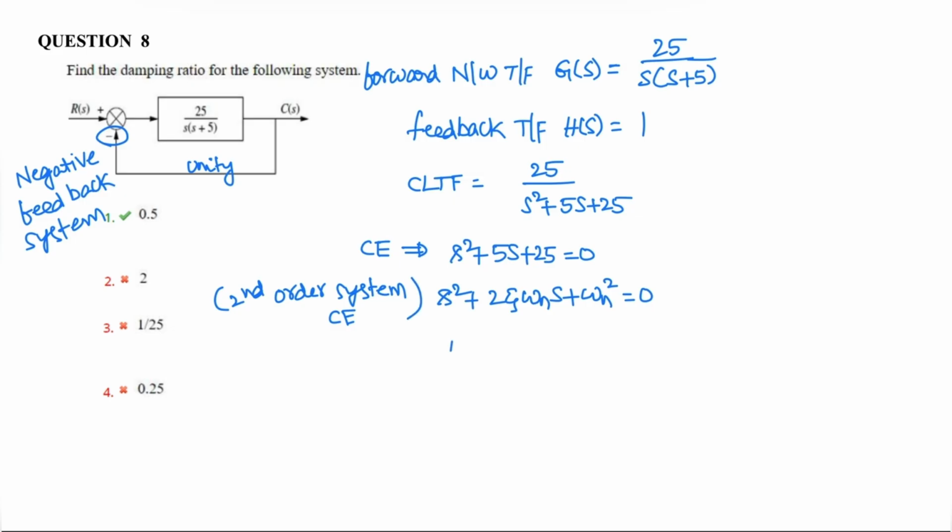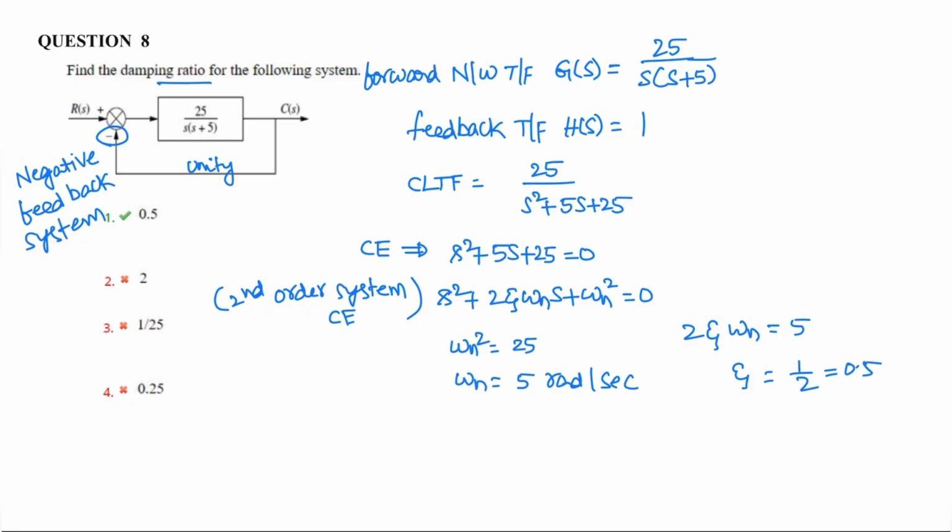Now omega n square is 25, so omega n is 5 radian per second, and 2 zeta omega n is 5. From this, the damping ratio zeta is 1 by 2, that is 0.5. The damping ratio for the given system is 0.5.